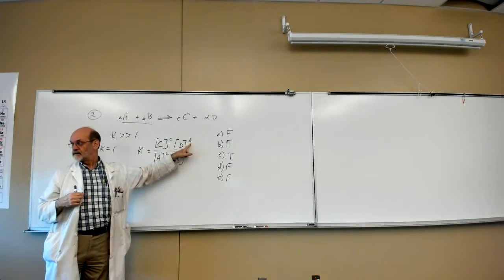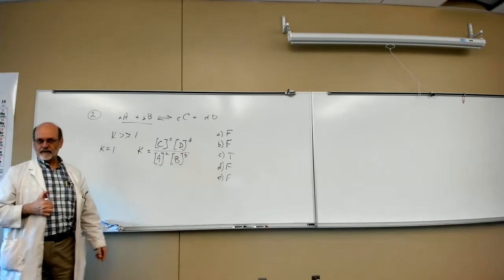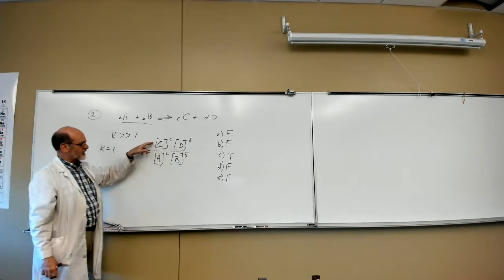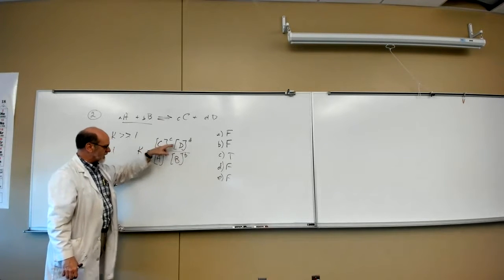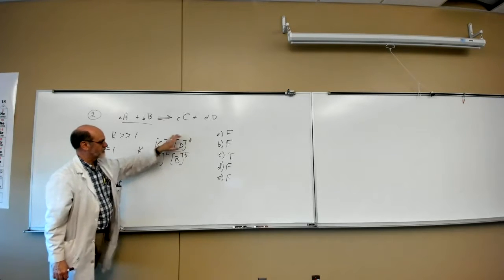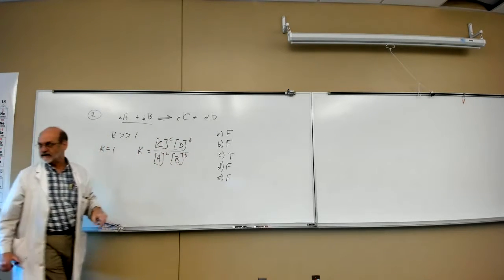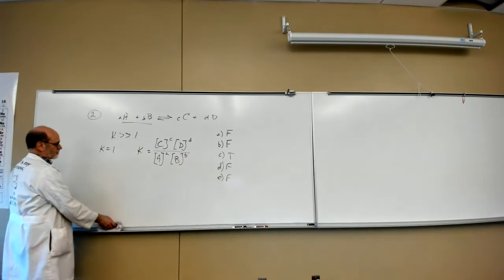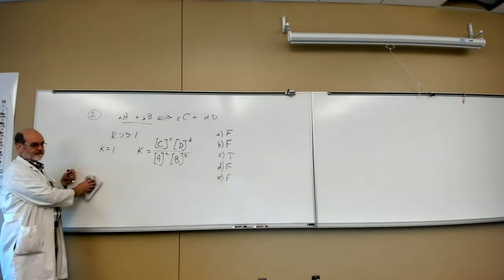So even on 4 times 5 over 10 times 2. Yeah, if you've got powers in there, then you can't say that these concentrations are equal to those concentrations. But the expression of this is equal to the expression of that. That's true for K equals 1.